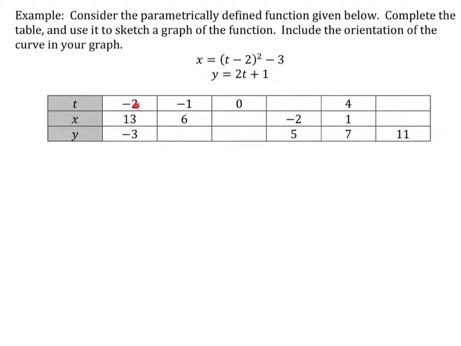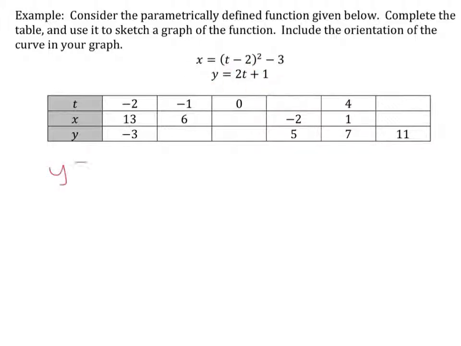Well, this means when you plug the time of -2 into these things, you should get outputs of 13 for x and -3 for y, right? This next column means, when I plug -1 in for time in x, I'm supposed to get back 6. So for this value here, all I really need to do is take -1 and evaluate the y expression for it, right?